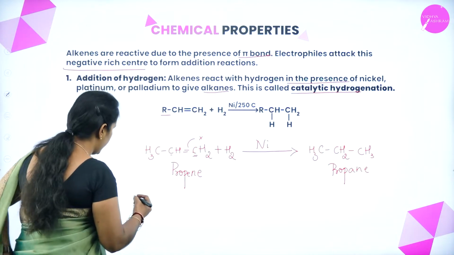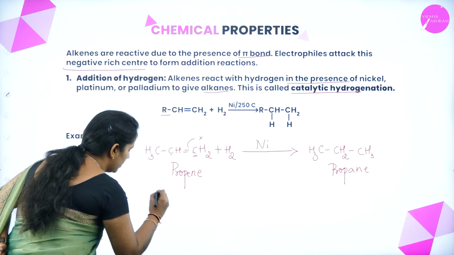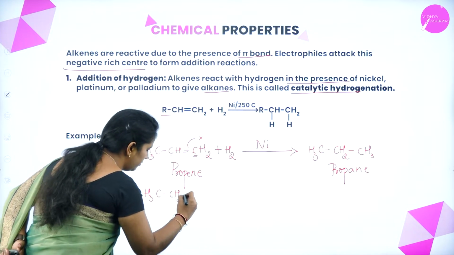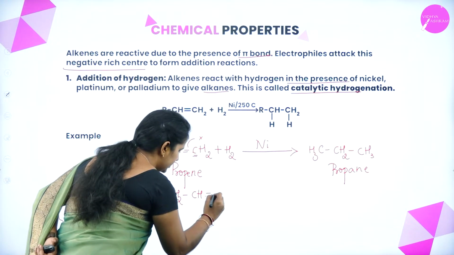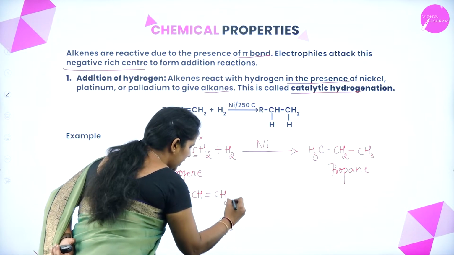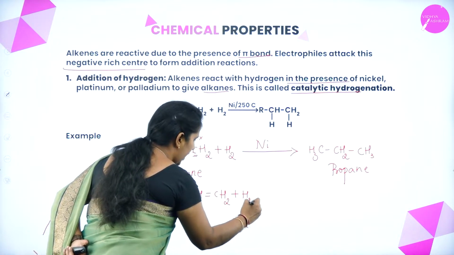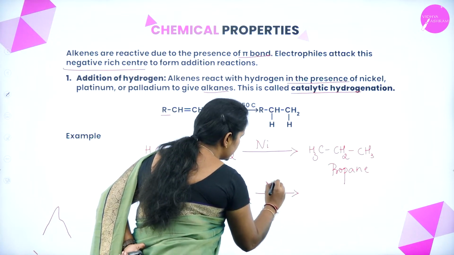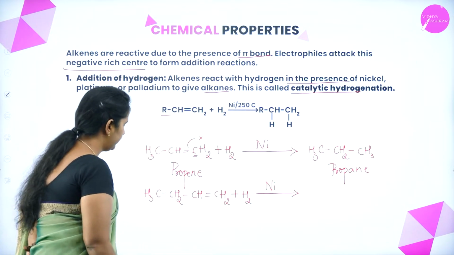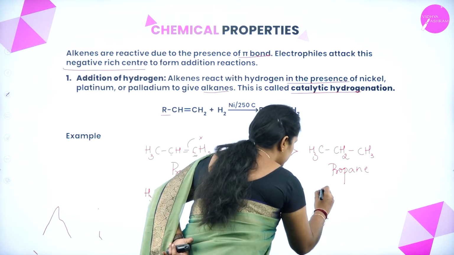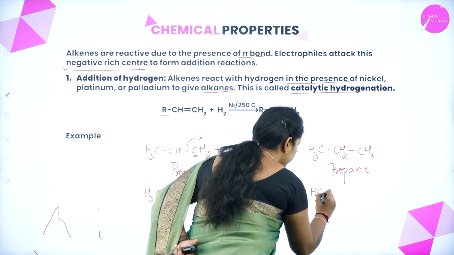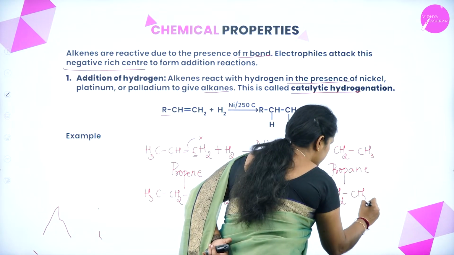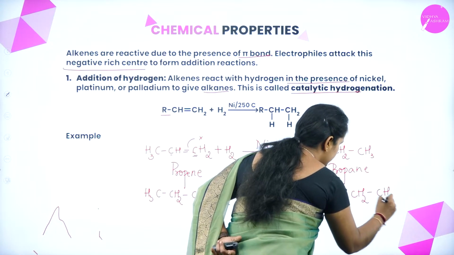You can write one more example. CH3, CH2, CH double bond, CH2. If you add the hydrogen in presence of nickel as a catalyst, it will form CH3, CH2, CH2, CH3.